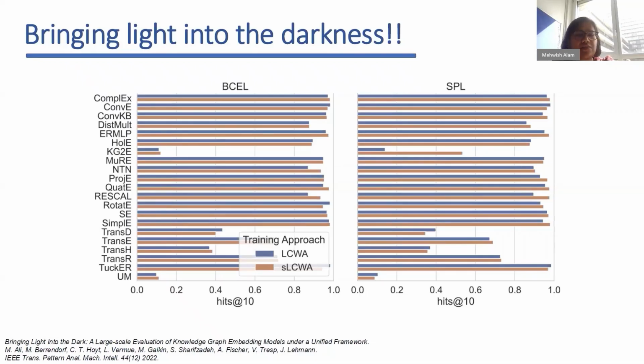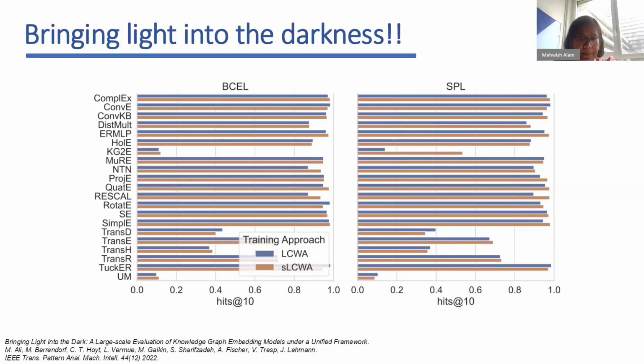But what this study that you are seeing right now is doing is taking all the algorithms which were there for transductive link prediction, and then comparing them by doing hyperparameter optimization. So this is all what they did, and this was published in IEEE Transactions on Pattern Analysis and Machine Intelligence.